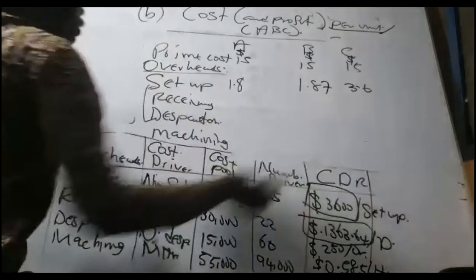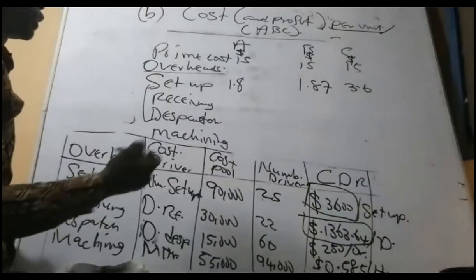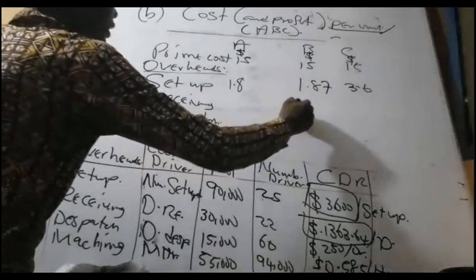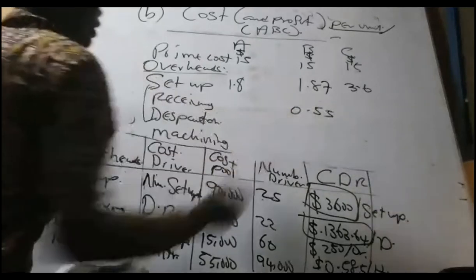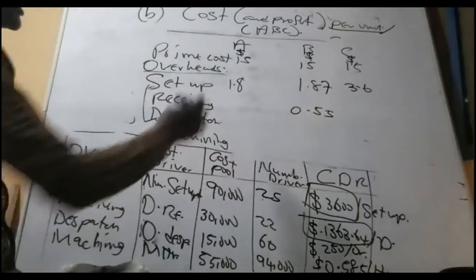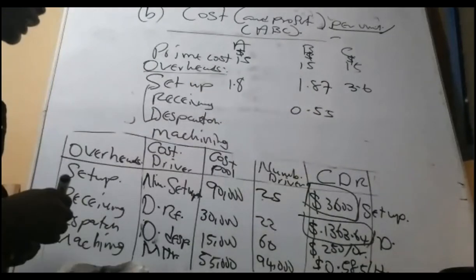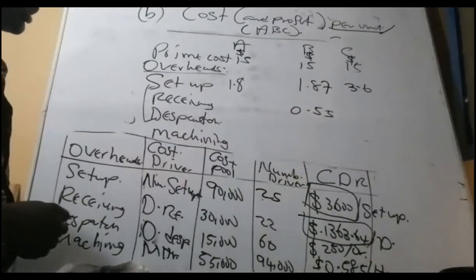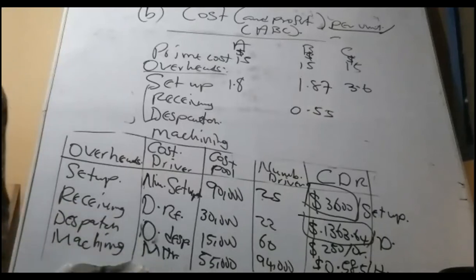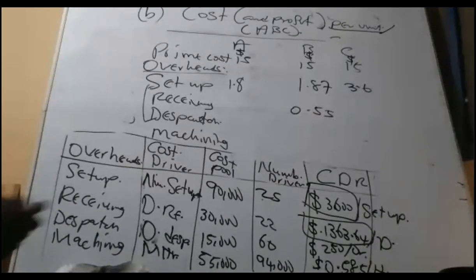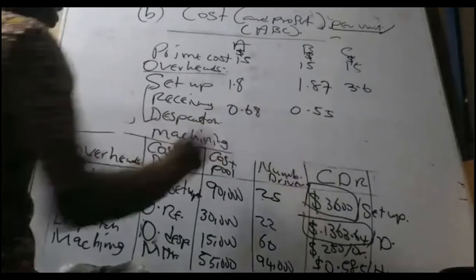If I should put in the answer, here I had 0.55. I thought I was calculating A, not knowing it was for B. That means you have to do A. What do you get for A? So A will be 0.68.